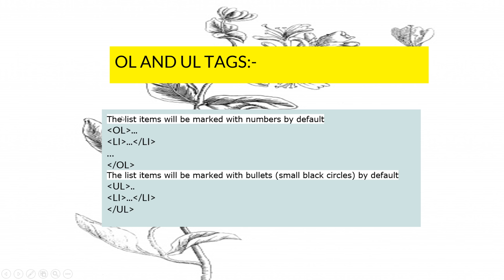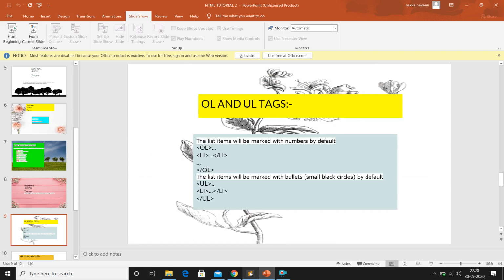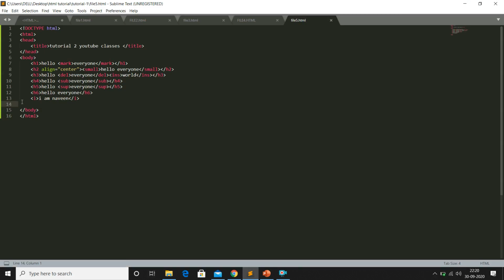After the center tag, you will see the OL and UL tags. What is OL and what is UL? Ordered list and unordered list. You will see the difference between them. For example, open Sublime Text. Just type OL, enter, LI, write anything, write any name.